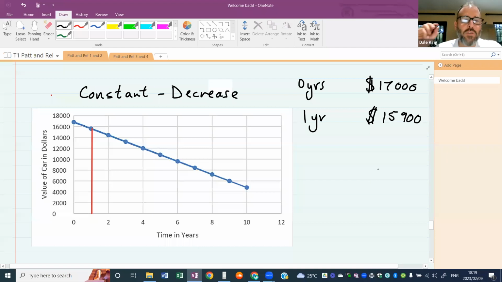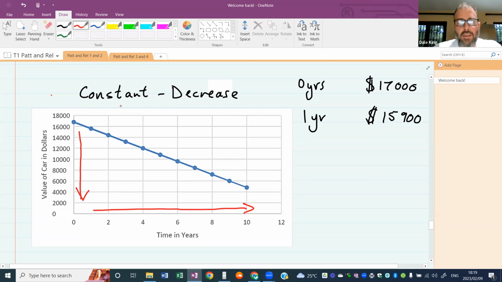Now this happens to all cars, except for some really fancy collector's items, like Ferraris. They don't really lose their value that much. They hold their value. But most cars that we drive every day lose their value. So as the years increase on the x-axis, the value of the car decreases.